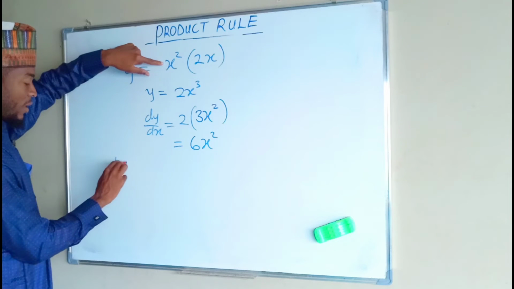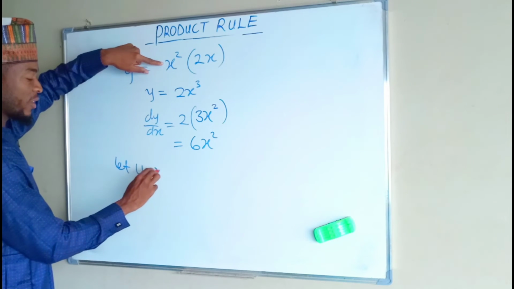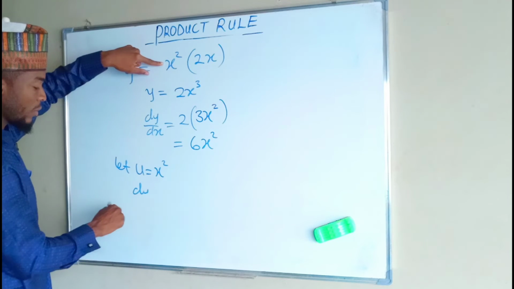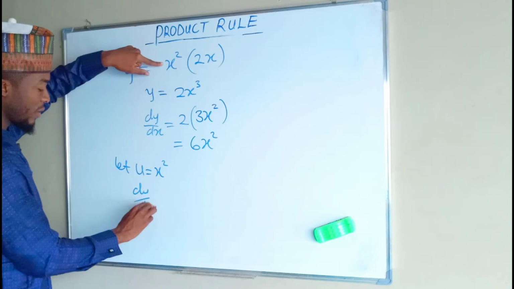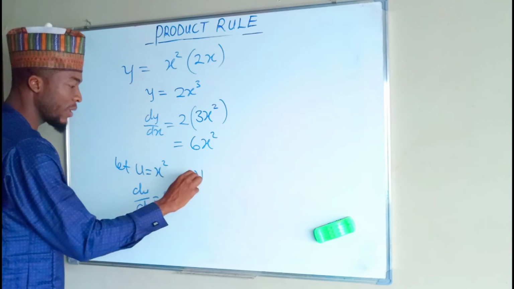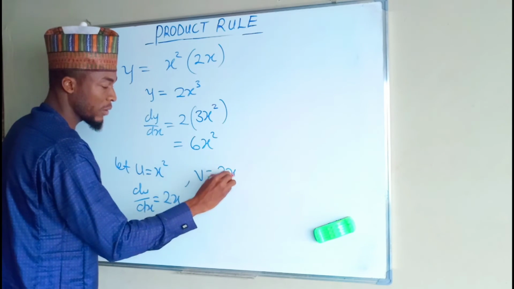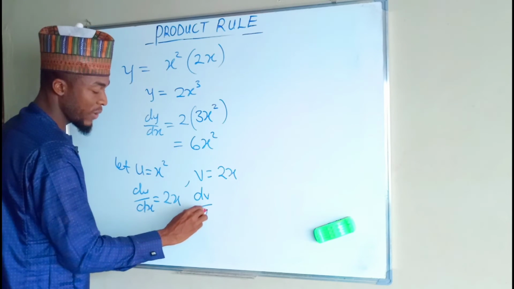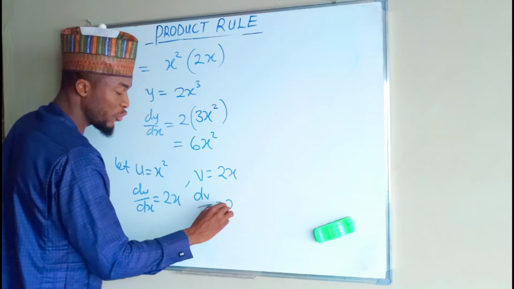Let u equal x power 2, du over dx will be equal to 2x. Let v be equal to 2x, dv over dx will be equal to 2.